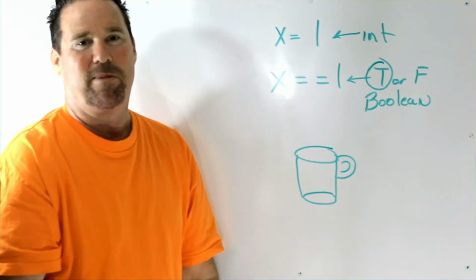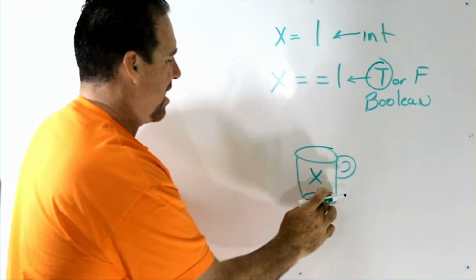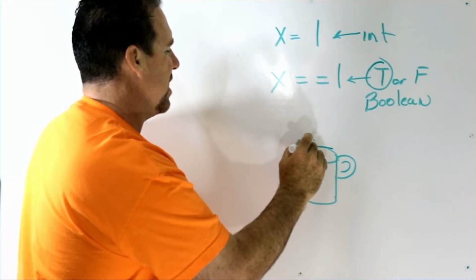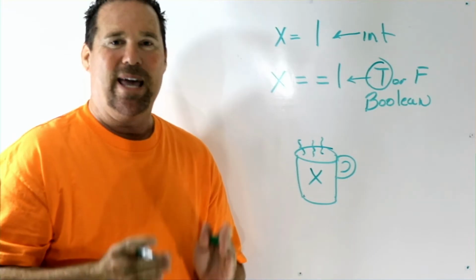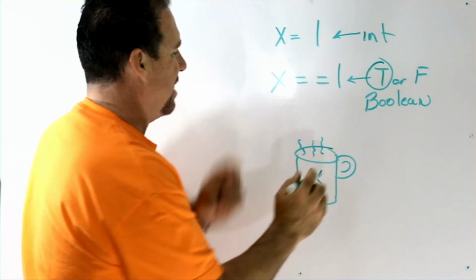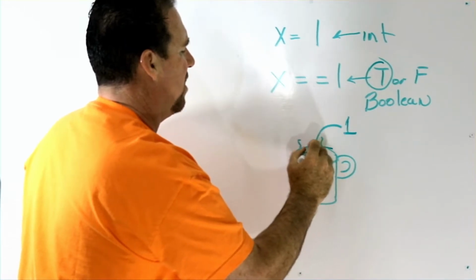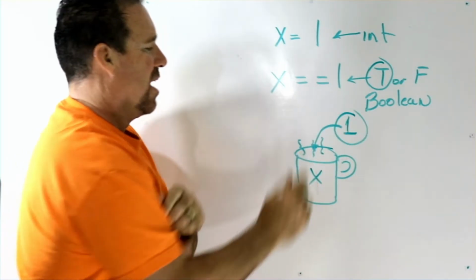There it is. That's my best cup. And I'm going to call the name of that cup X. That's cup X, and it's going to hold data. In this case, it holds the number 1.